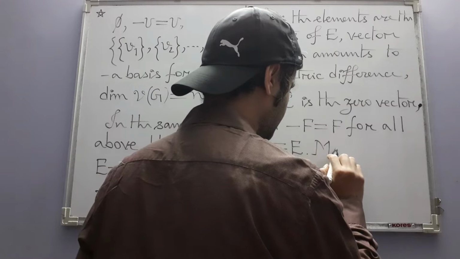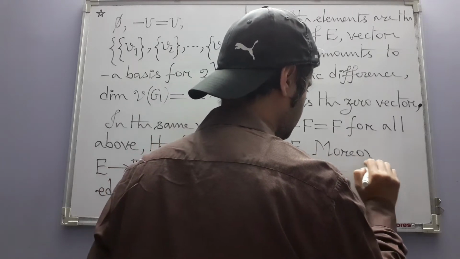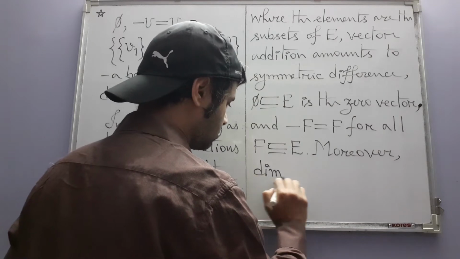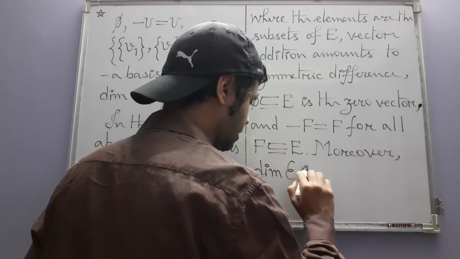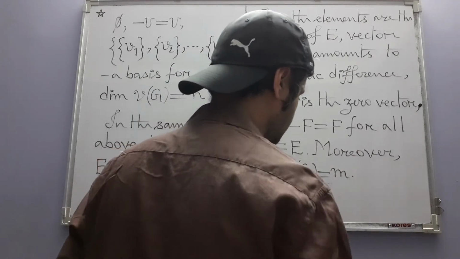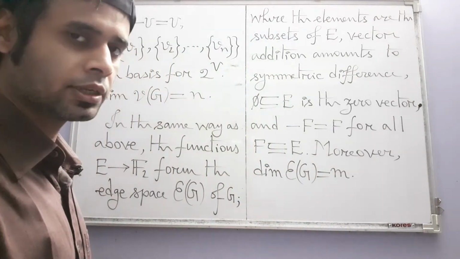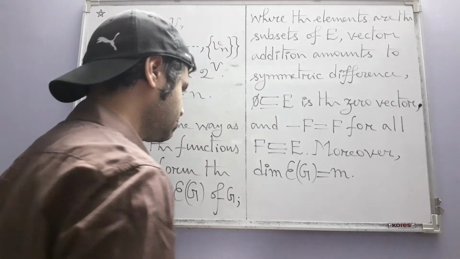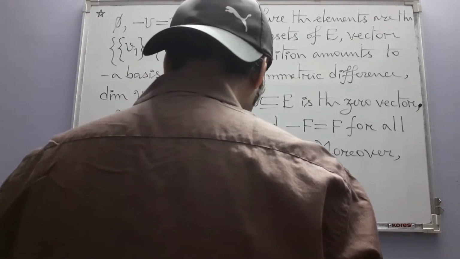Moreover, we also have the dimension thing. The dimension of the edge space of G is M. That is the cardinality of the set E, or number of edges in the graph. And now here is the thing.